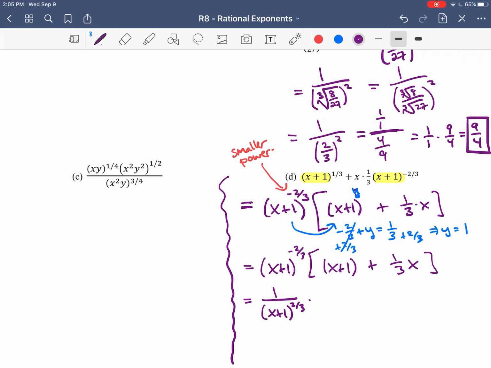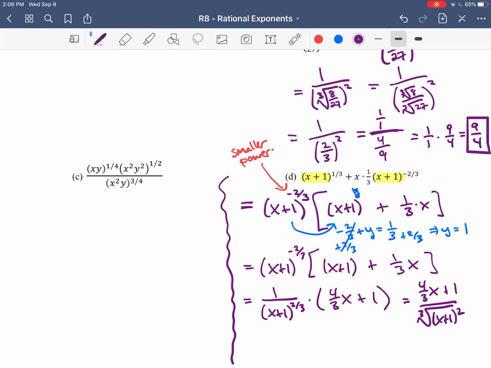And then here, I have x plus 1/3 x, that's 4/3 x plus 1. So this is 4/3 x plus 1 over the cube root of (x plus 1) squared.